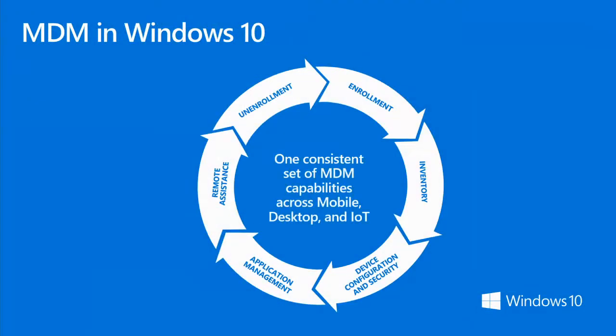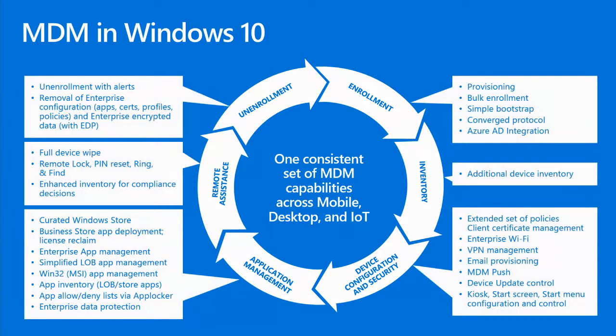The types of things that we're looking at really cover the whole life cycle of Windows 10, of the mobile device management process, adding things from enrollment all the way through security, configuration, wiping the device, all of that. On the provisioning side, we'll greatly simplify the enrollment process.